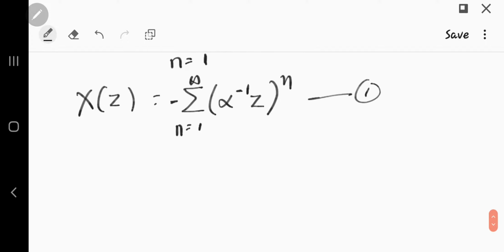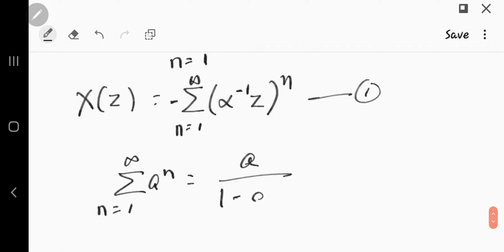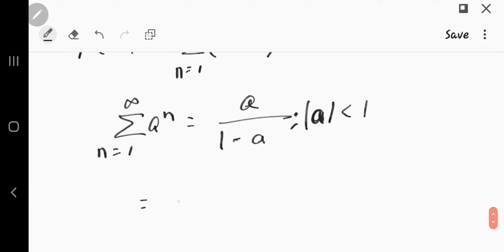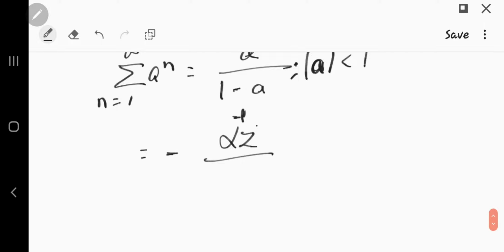From geometric series, we have this term, and this can be written as a divided by 1 minus a, where |a| is less than 1. Now applying this, we have minus alpha inverse z divided by 1 minus alpha inverse z.